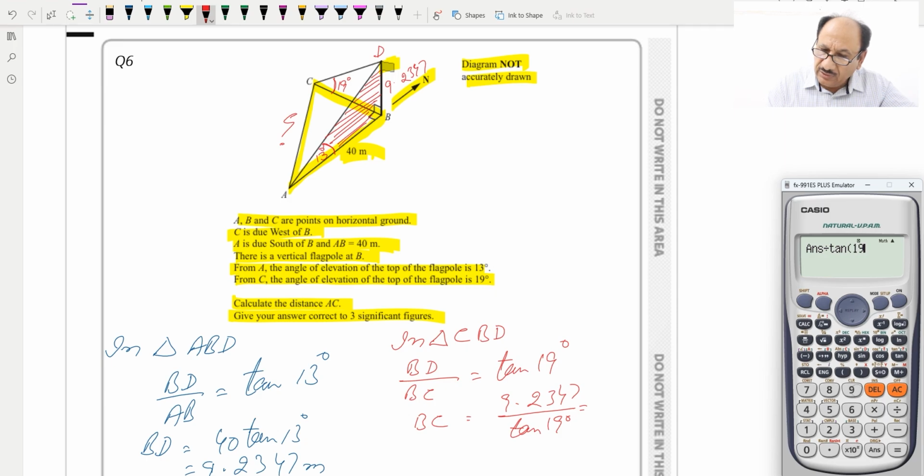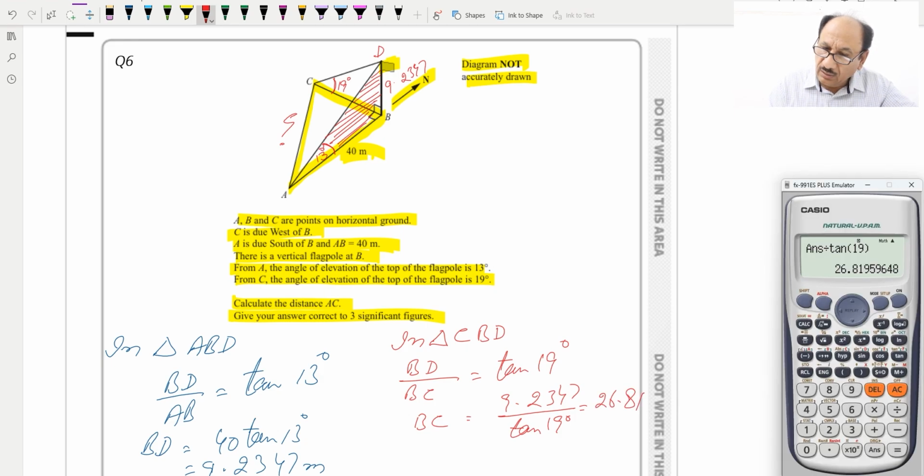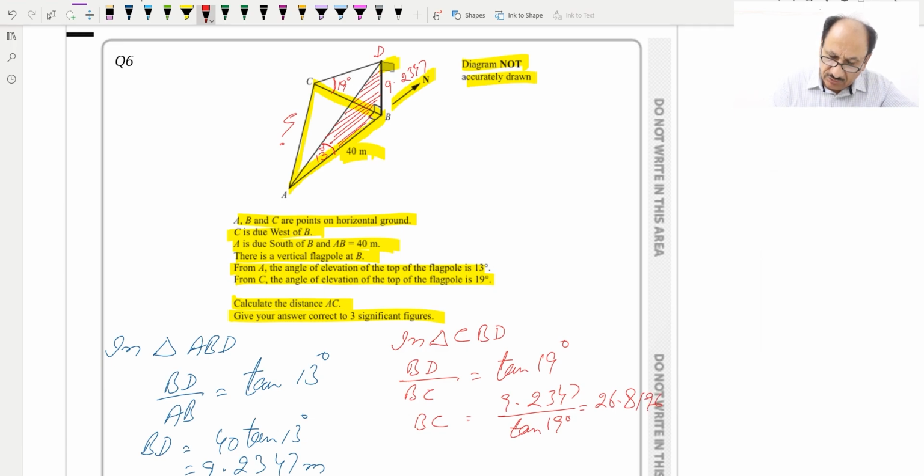Tan of 19 degrees, this will be equal to 26.8196 we can write. Okay, now what next? Our target is to find AC.